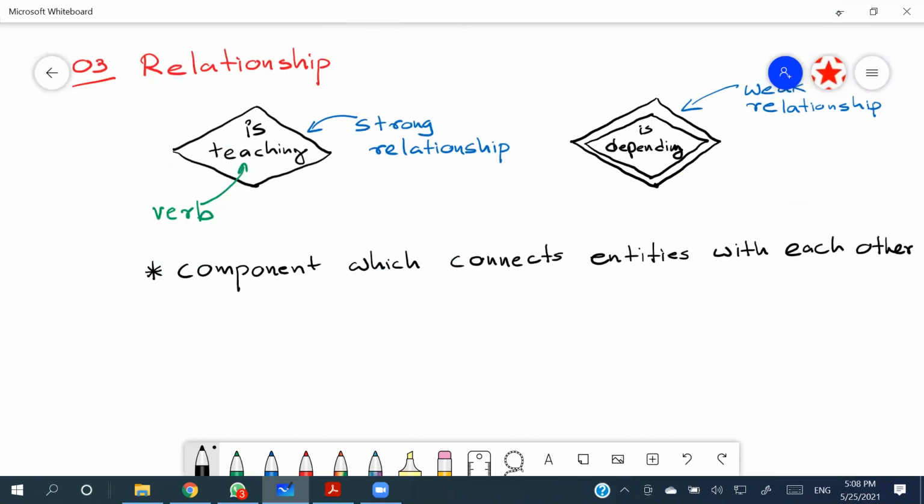According to that, relationships are categorized as unary relationship, binary relationship, and ternary relationship. When we go to the advanced part, we talk about n-ary relationships, meaning n number of things can be connected with the relationship.